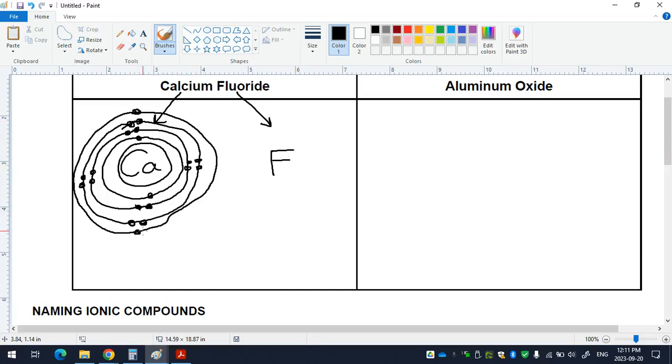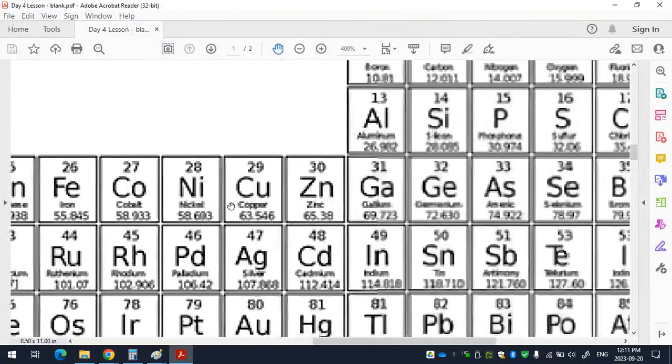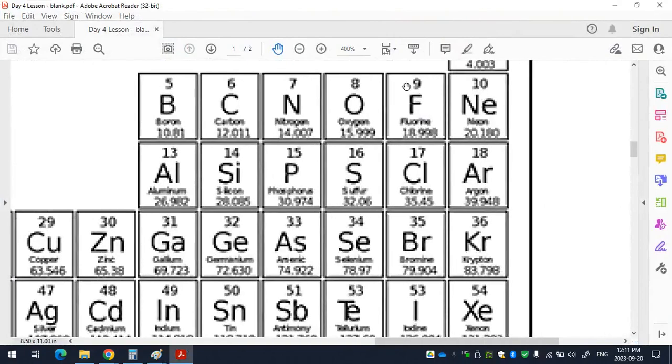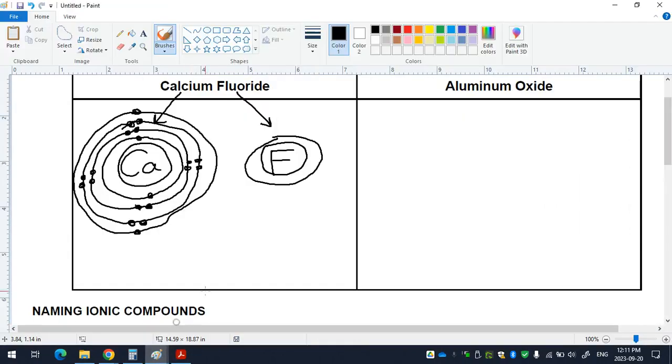Okay, now let's do fluorine. What's the number for fluorine? Fluorine is much smaller. It's actually just how many? 9. Okay, that's got to be easier to sketch. Here's 1. Here's 2.